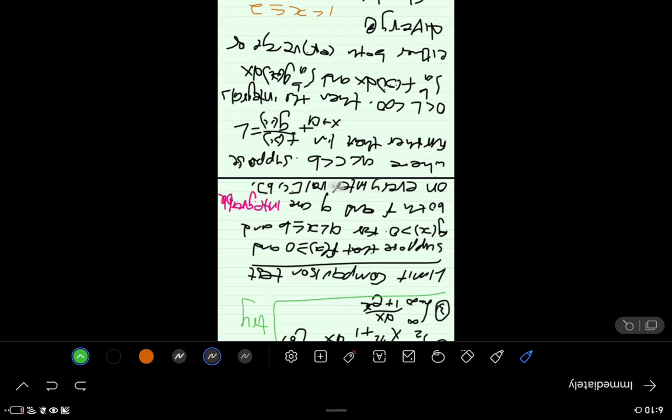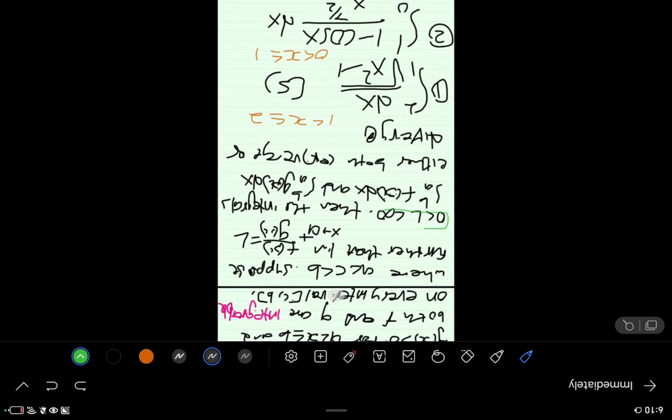Suppose further that the limit of f of x over g of x will be equal to L. Then we know L should not be 0 or infinite. Then the integrals either both converge or they both diverge.